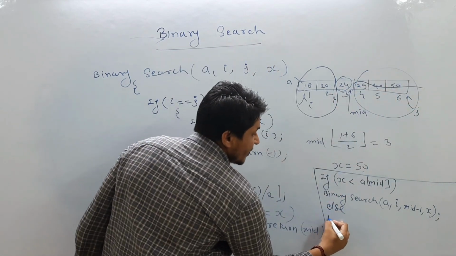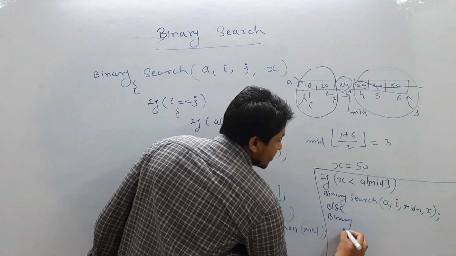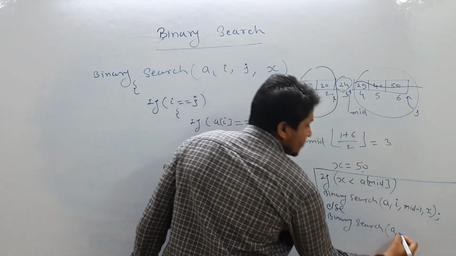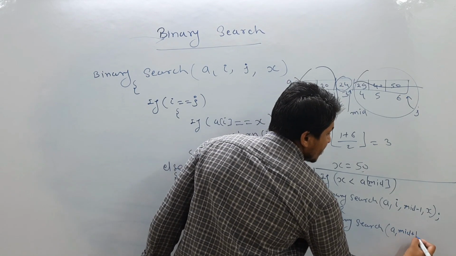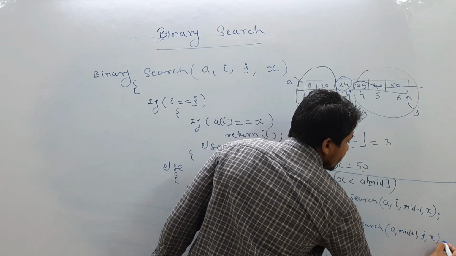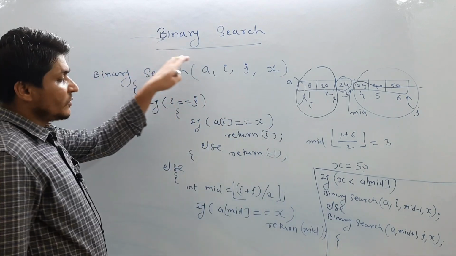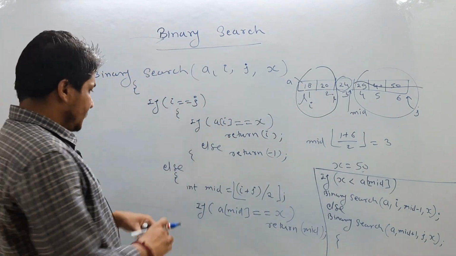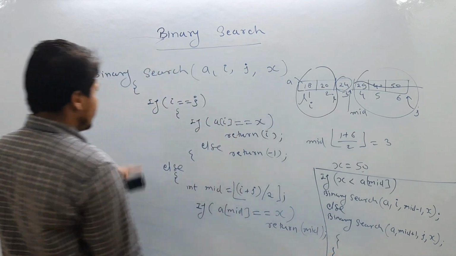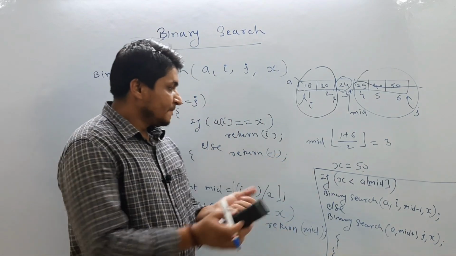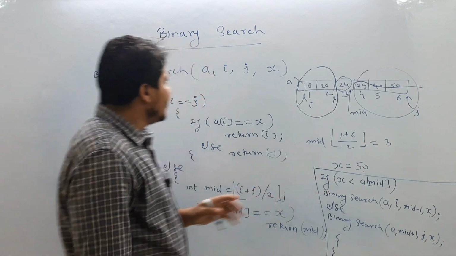So else binary search a, mid plus 1, comma j, x. So this is the implementation of binary search. This is the else part. Now we have implemented this code.